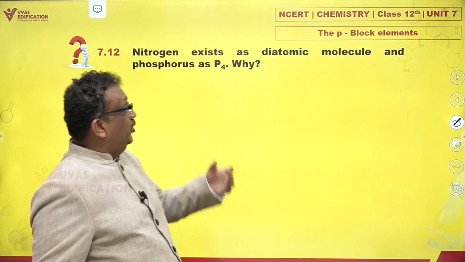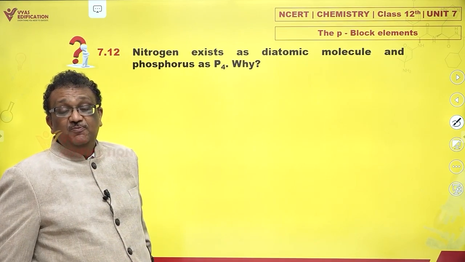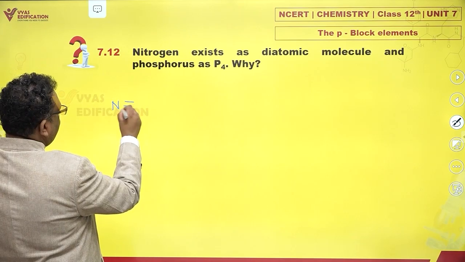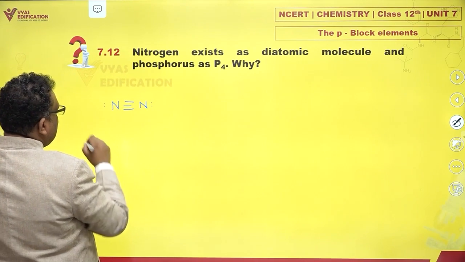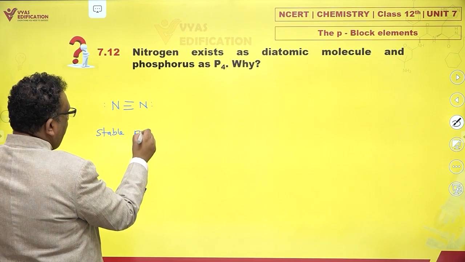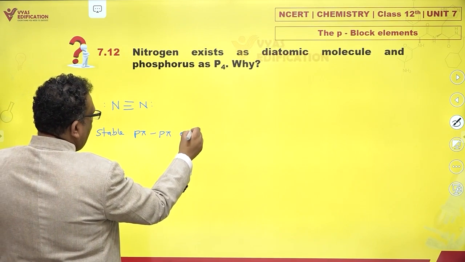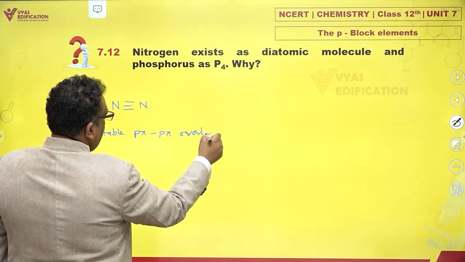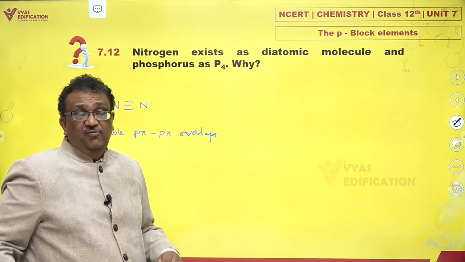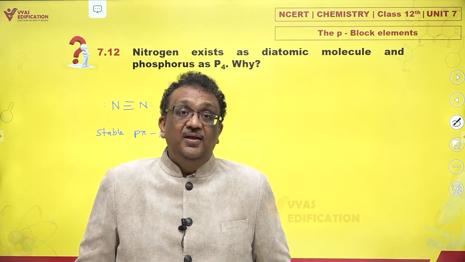Nitrogen exists as a diatomic molecule and phosphorus as P4. Nitrogen is a small atom, and nitrogen is capable of forming stable p-pi overlaps. If you move down the group, phosphorus becomes a bigger atom.